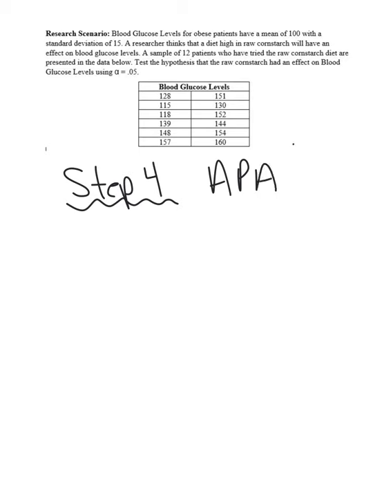So to report your results for step 4, they must be in APA. And this is literally the largest points on any exam, on labs, anything that you do. The APA format is the high points. So basically, you could do all of your calculations perfect and then get to your APA statement.